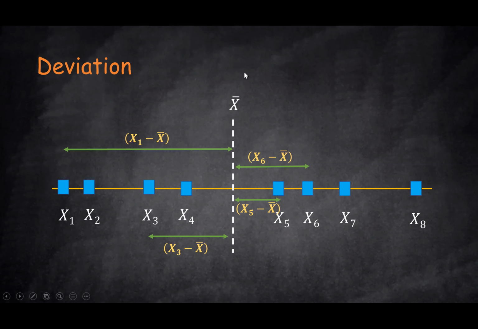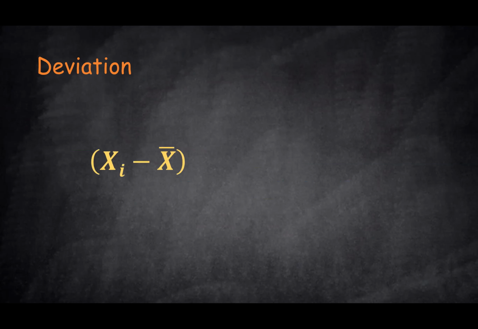The problem is that if we average them or add them, the results will cancel each other because of the opposite signs. So we need a different mechanism to help us assess the whole spread of the data around the center. So we are going to use deviation, but what we would like to do is to remove the cancellation effect of the signs. So how do we do that? There are two ways of taking a difference, whether it's a positive or a negative number, and canceling the sign of the result.